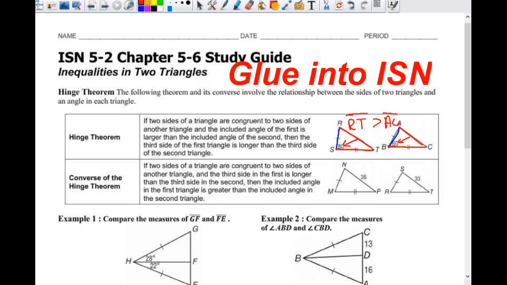You can also do the same thing for the angles. If you look at this side here, we have this side, which is 36. This side is 33. So what's going to be larger, angle M or angle R?